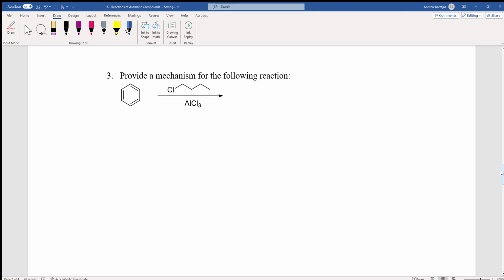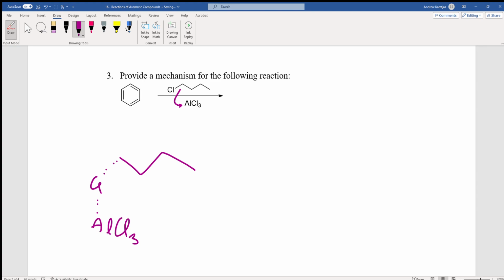All right, question 3, we're looking for a mechanism here for this Friedel-Crafts. We know that a Friedel-Crafts will begin by the carbon-chlorine bond adding into the Lewis acid. And this gives us a carbocation-like species, which, if it shifts over a carbon, we get the more stable secondary type carbocation.